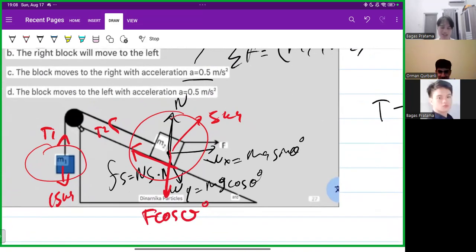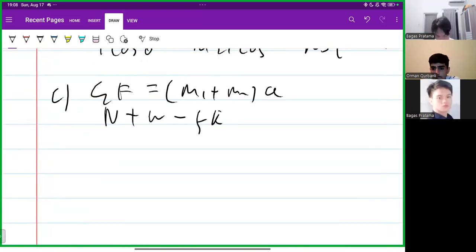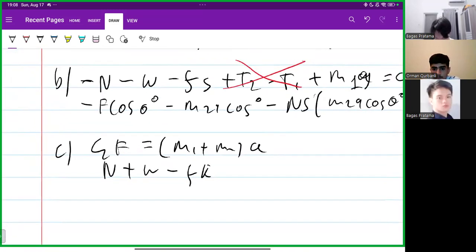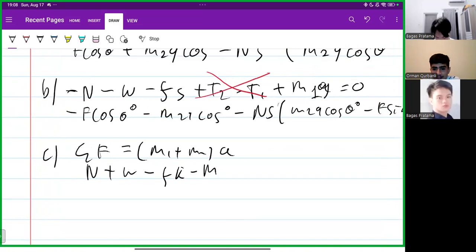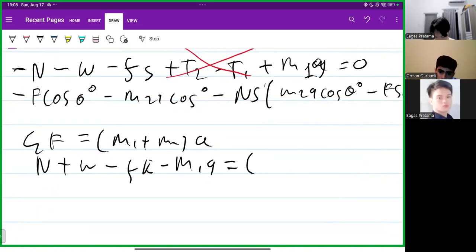But the friction static and the friction kinetics are always the same for the formula. Then kinetics and minus m1g equals m1 plus m2 and a.